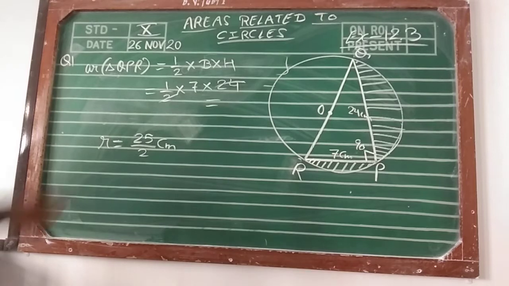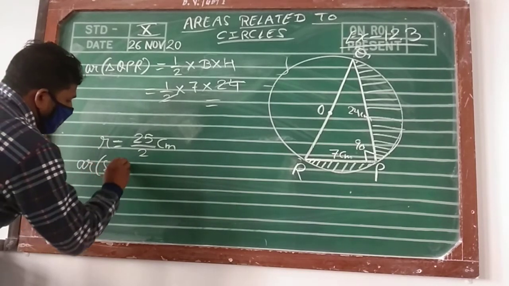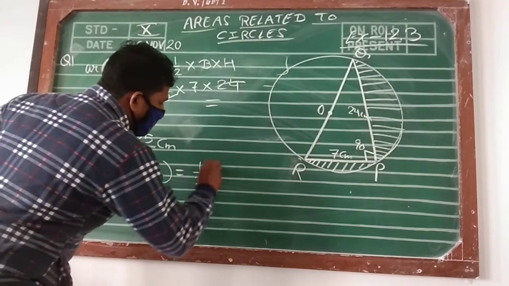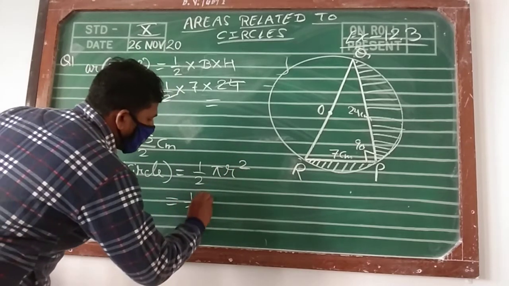Similarly, if we have the radius, we are able to find the area of the semicircle. Area of semicircle we know is half pi r square. Put the value.